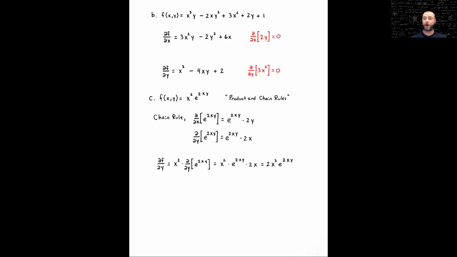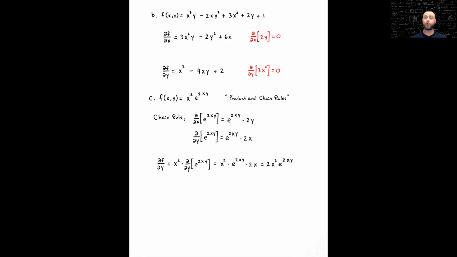For the y partial derivative, we can just think of x squared as a constant multiple. So if we bring x squared out in front of the y partial derivative, we basically already worked out above the y partial derivative of that exponential function. The x squared factor that we pulled out just stays as a constant multiple. All right, so for this part, the y partial derivative, we only need the chain rule.